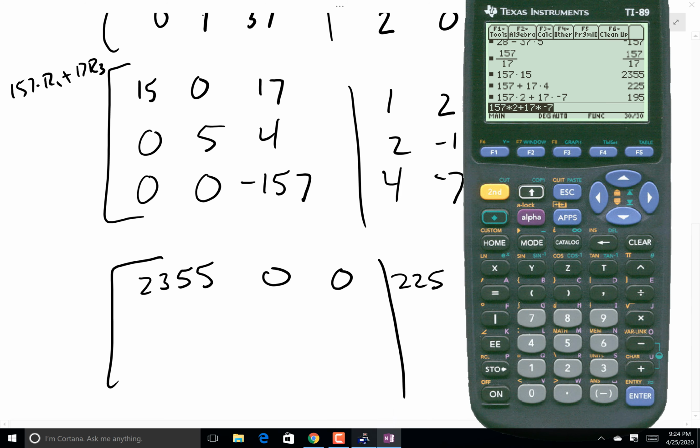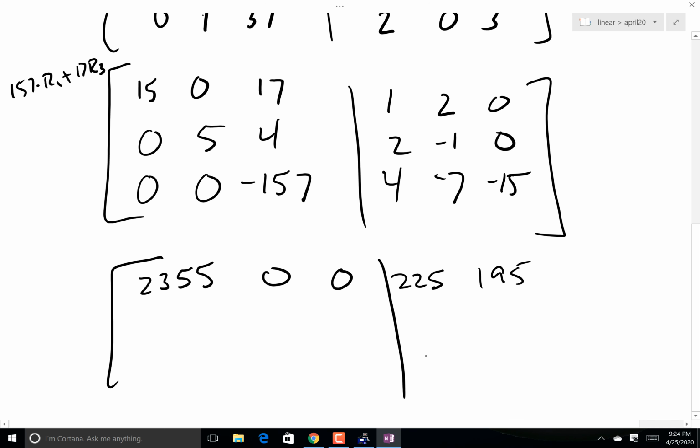And then 17 times 15, I should know that, but I don't tonight. 255, so negative 255. Cool. All right, middle row, gross. I'm going to take 4, so 157 R2 plus 4 R3.